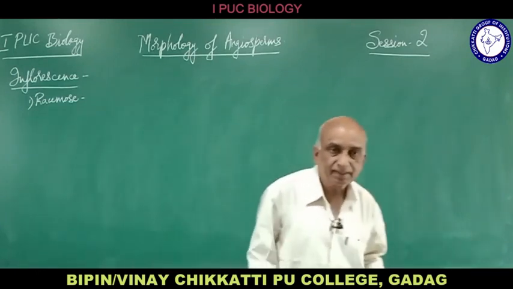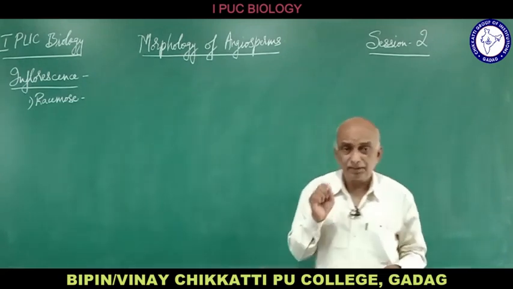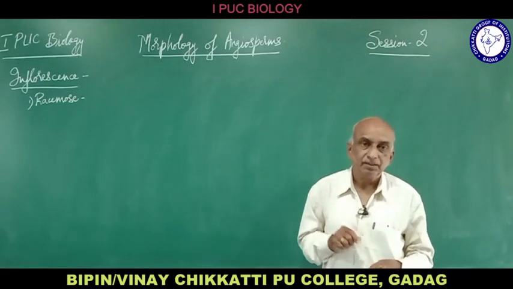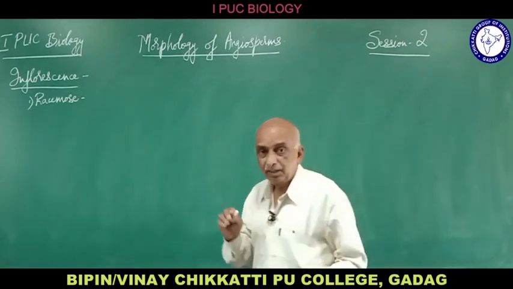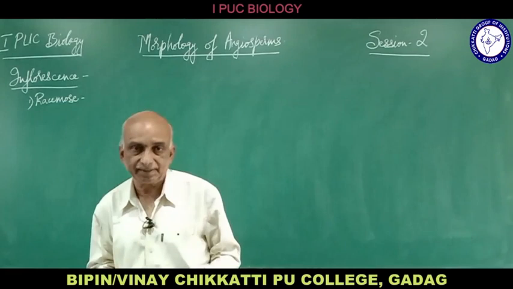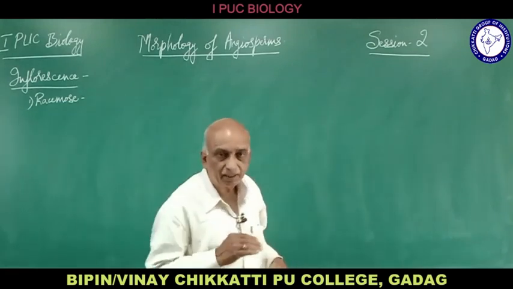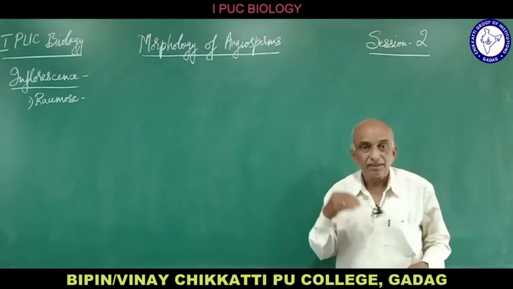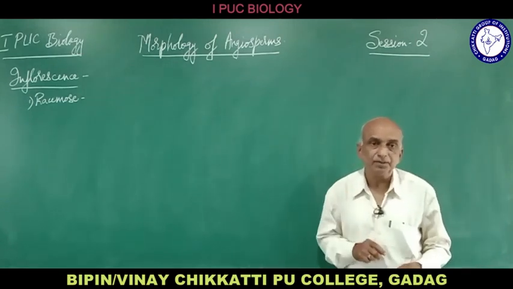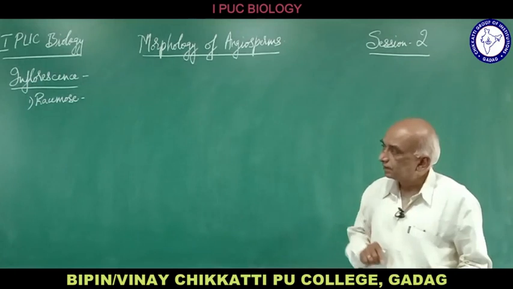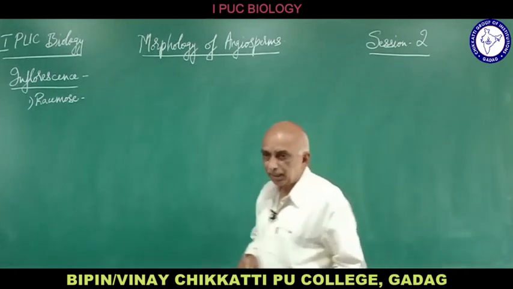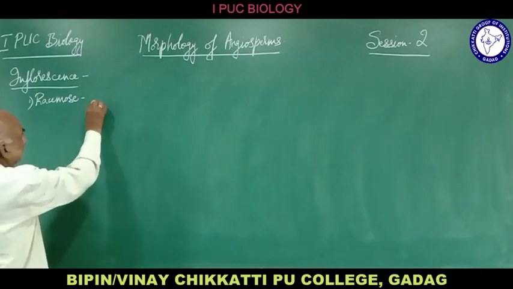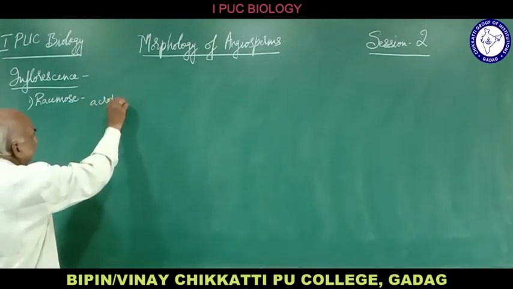So the younger flowers are at the tip of the floral axis, and the older flowers are at the lower part of the floral axis. That is in the case of racemose, and this kind of arrangement is called acropetal succession.